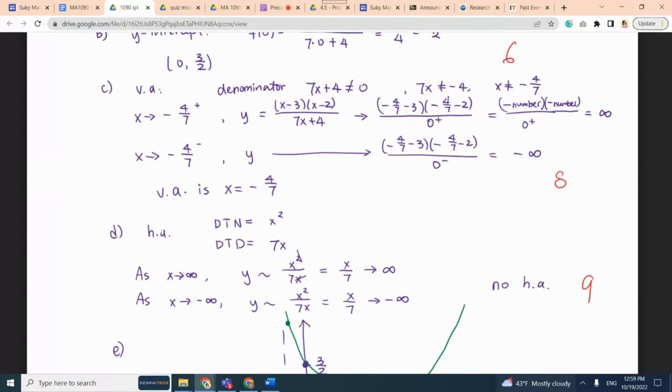So x squared over 7x. One copy of the x cancel, but we still have an x on top. So x over 7. Now you see when x goes to infinity, we get infinity. The y goes to infinity over 7.